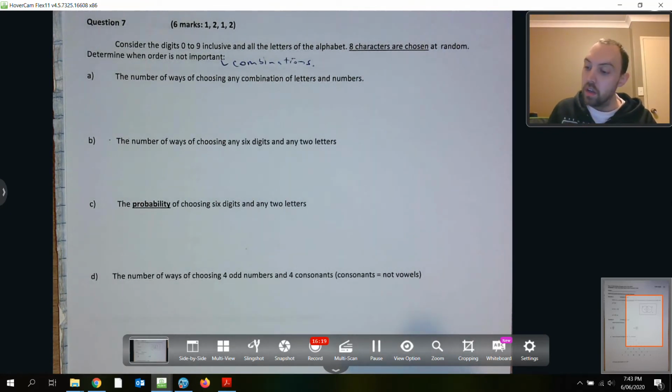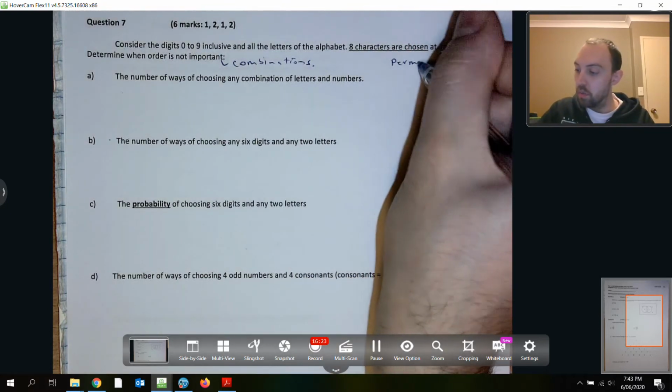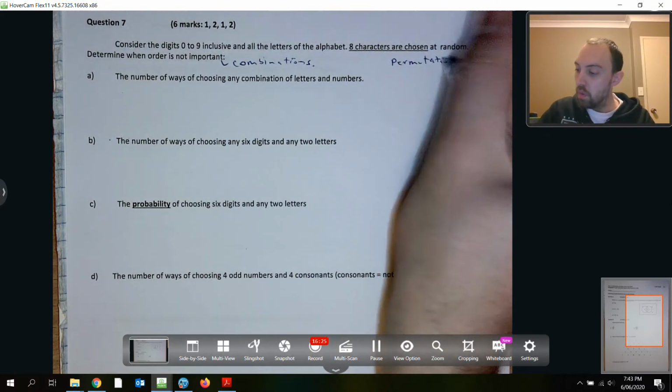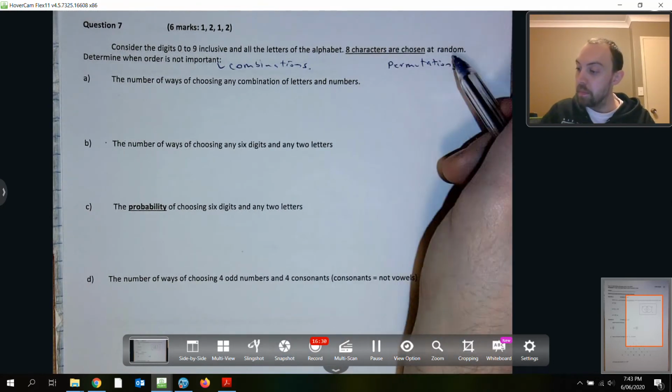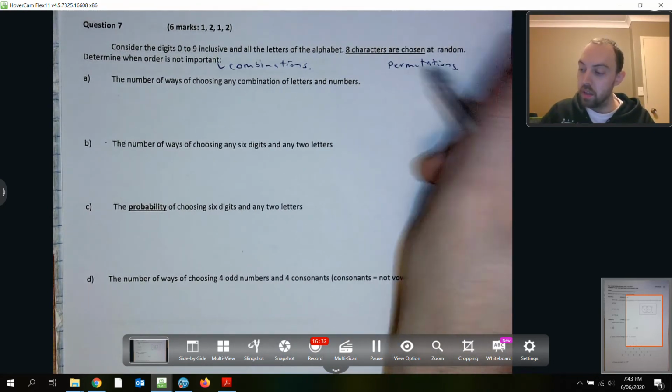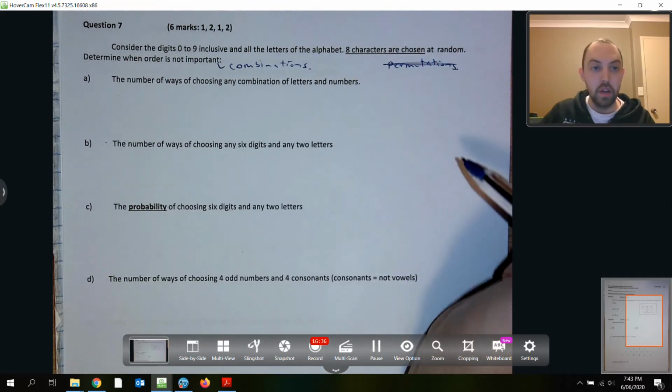The opposite being permutations, where order does matter, which we haven't done a whole lot of in my class, so we're not doing that one.